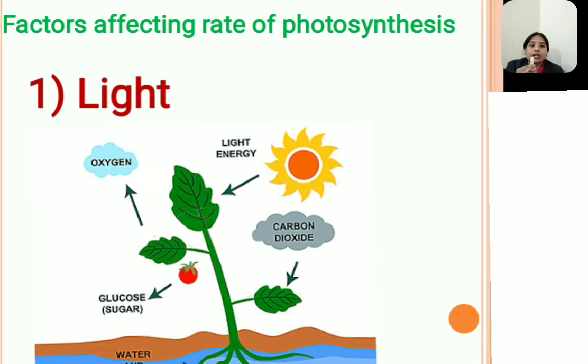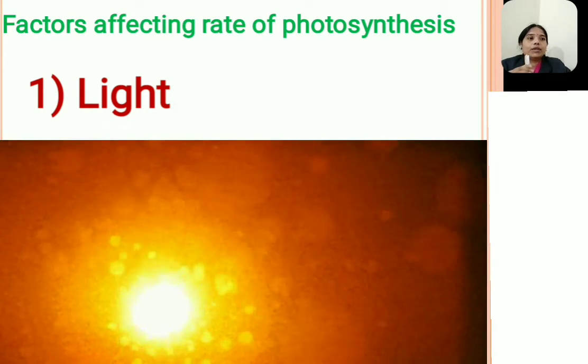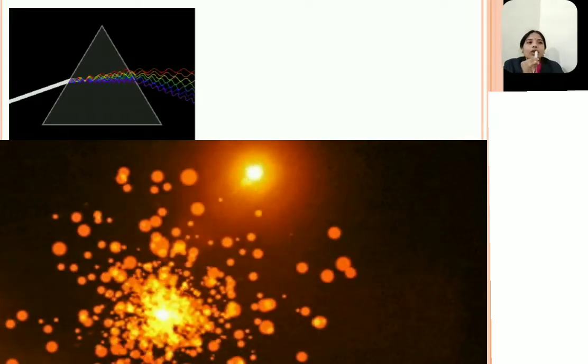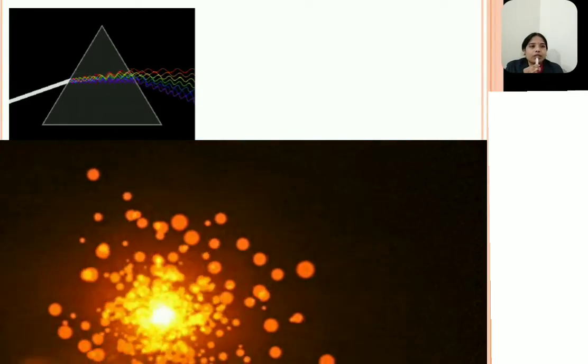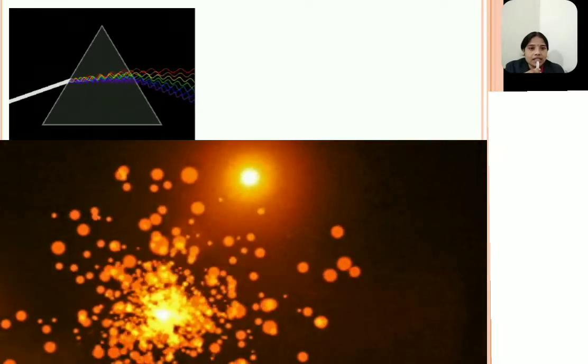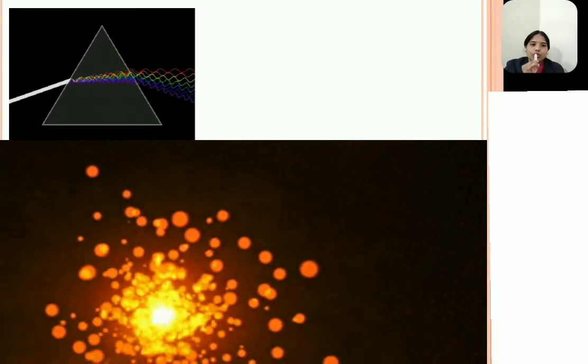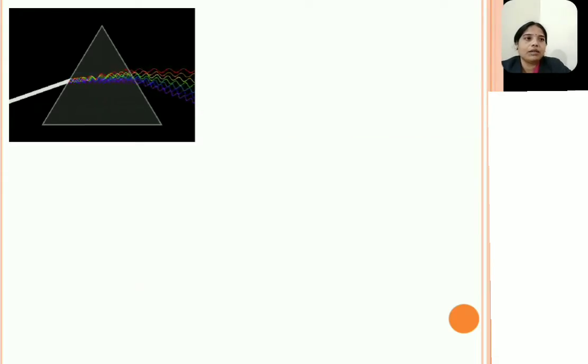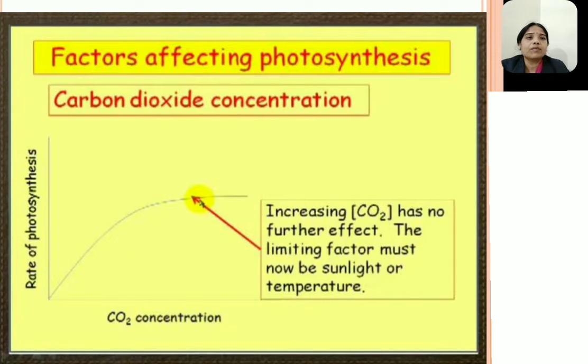So duration is also an important factor under the light. So light divides into three: quality, intensity and duration of light. The next point is carbon dioxide.